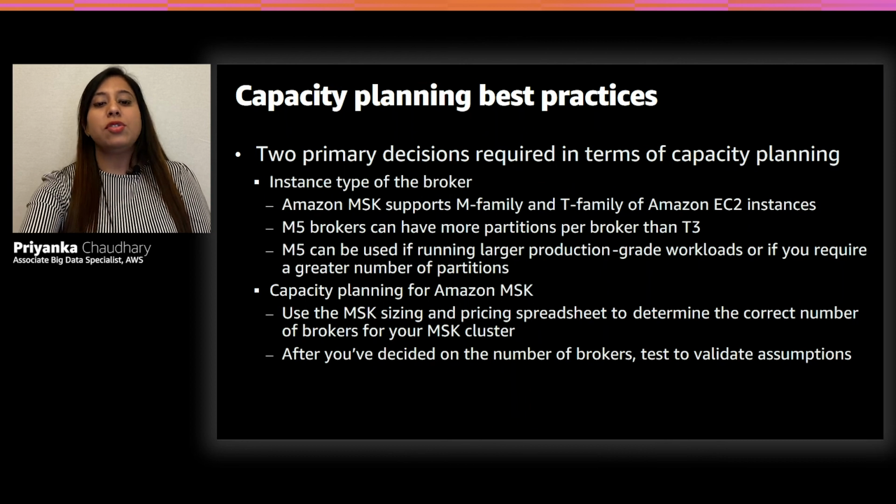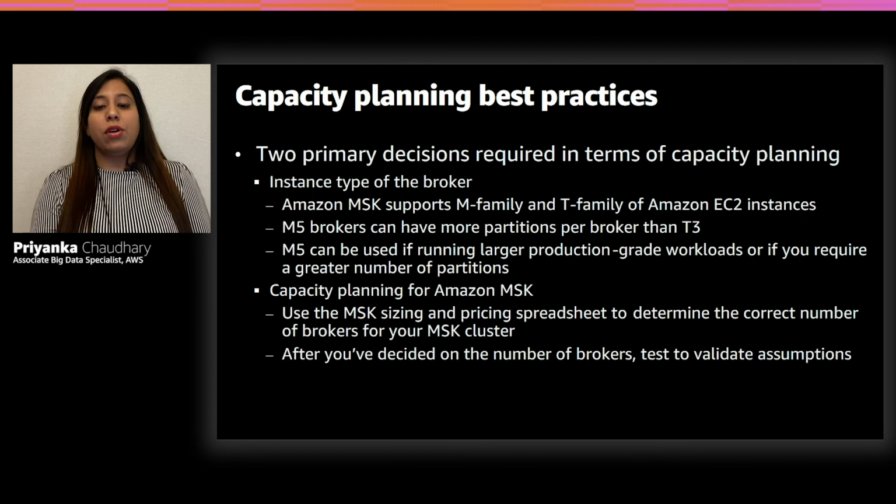The second one is capacity planning for Amazon MSK. Amazon always recommends using the MSK sizing and pricing spreadsheet to determine the correct number of brokers for your MSK clusters. This is a spreadsheet where you need to provide all the important parameters, like the replication factor you need for your workload and the retention of the messages you need. On the basis of that, you can get an estimate of the number of brokers you will require for your cluster, as well as the ideal size of the broker you need for your workload.